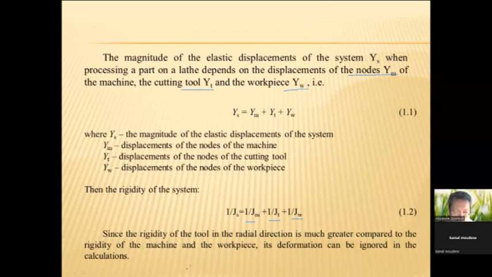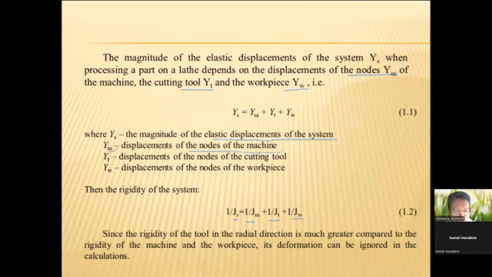What are J_S, J_M, J_T, J_W? J is rigidity. J_S is the rigidity of the elastic displacement of the system, the rigidity of the system. J_M is the rigidity of the nodes of the machine.